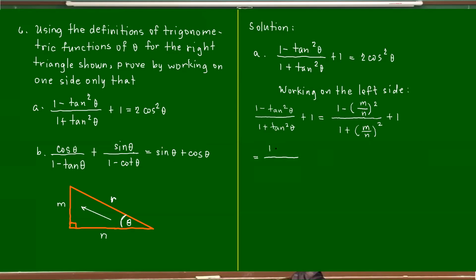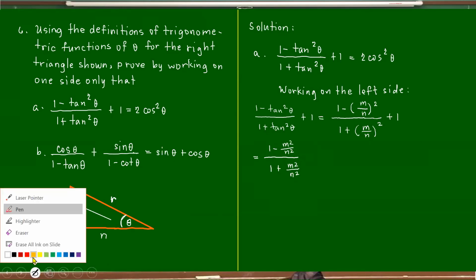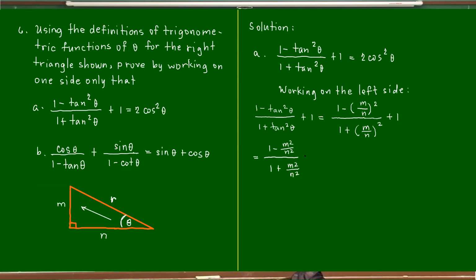So 1 minus m squared over n squared all over 1 plus m squared over n squared. What is our multiplier, children, so that we can simplify this complex fraction? We multiply by n squared over n squared. This will eliminate the denominators of the numerator and denominator.